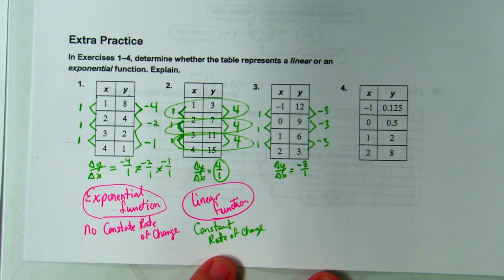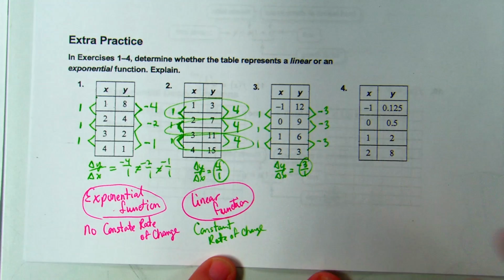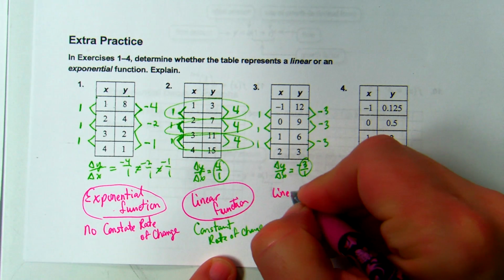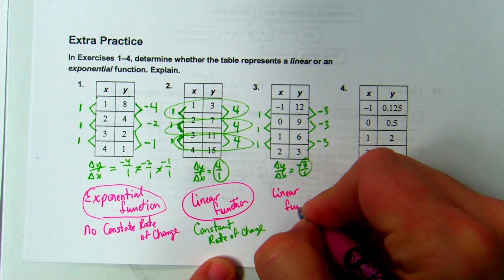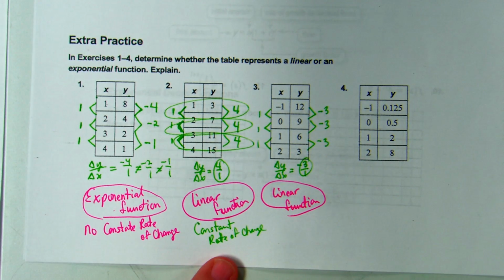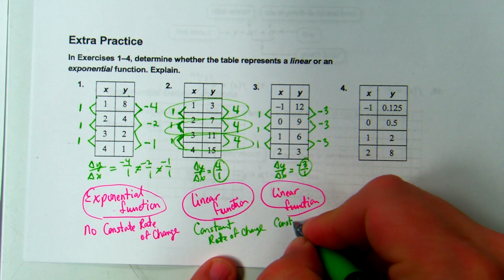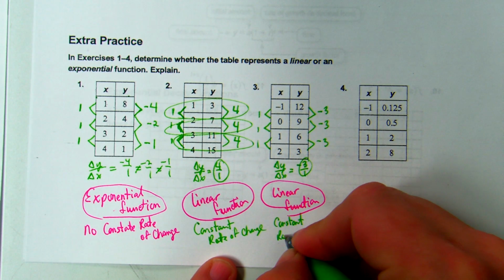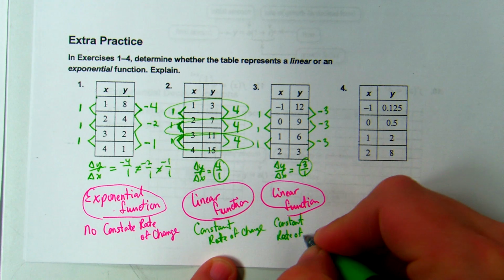Okay? And since we have this constant rate of change, once again, this is going to be a linear function. Same reason we had before. Constant rate of change.